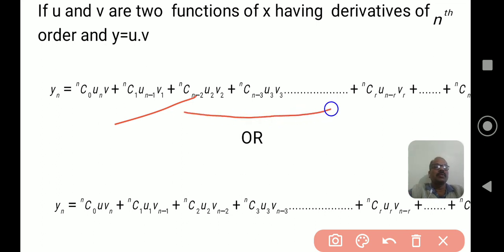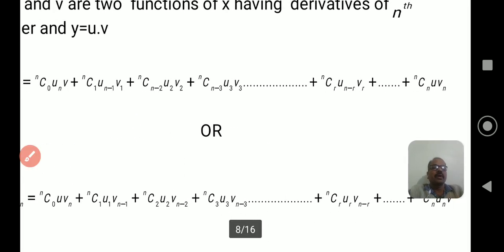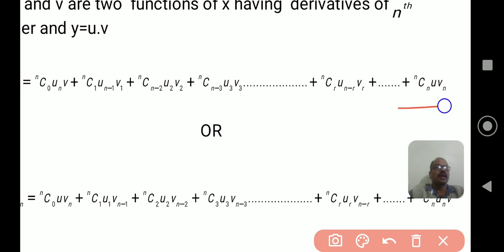Similarly, continue this procedure. At the end, we are beginning with un v, and the final term is nCn u into vn. This is the statement of Leibniz theorem.